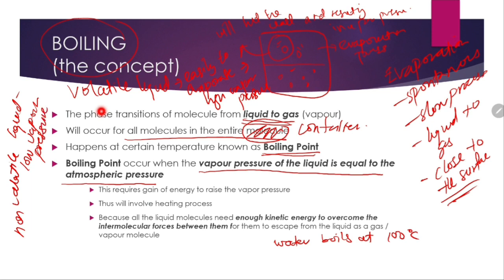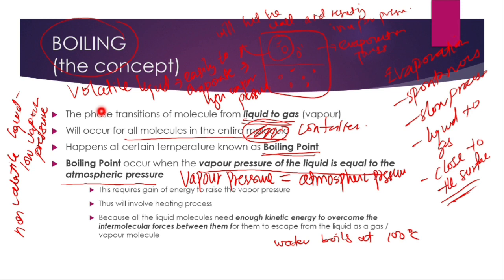Since boiling point will happen when the vapor pressure of the liquid is equivalent to atmospheric pressure, how are we going to increase the vapor pressure to be equal to the atmospheric pressure? By applying heat.